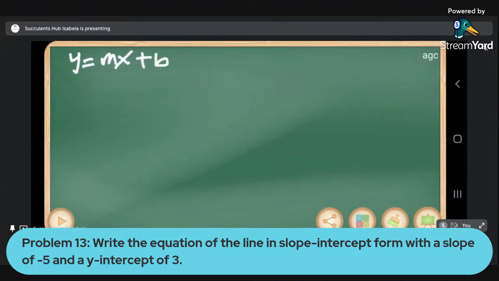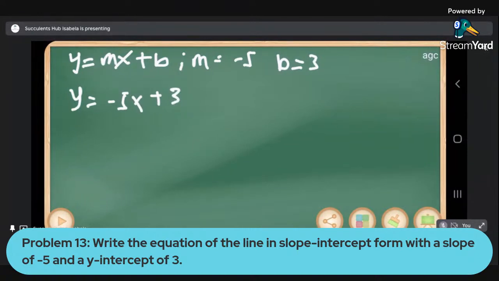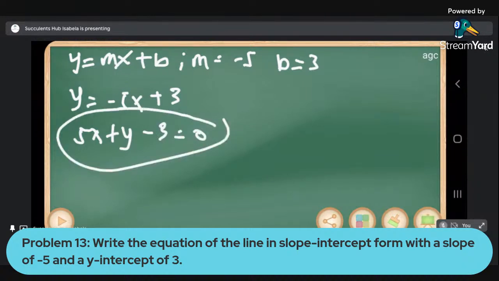Our slope here, according to the problem, is -5. And b is 3. So y is equal to negative 5x plus 3, or 5x plus y minus 3 is equal to 0. So that is the equation of the line being described in problem number 13.